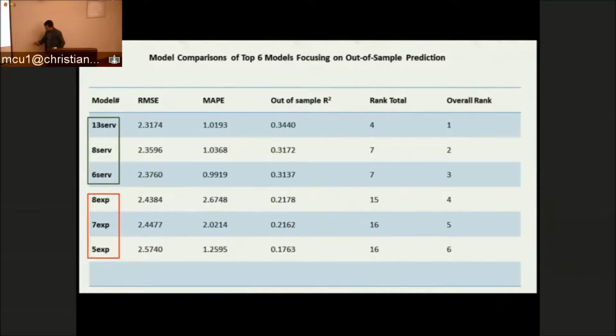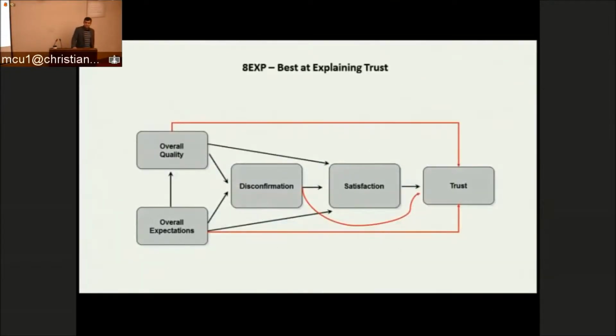Okay? So, let me show you what these models are. The topmost model for prediction is 13 served, and the topmost model for expectancy disconfirmation is the 8x model. I want to show you the structure of those models. This is the 8x model. It's best at explaining trust. The red lines here are just the paths that I added in addition to the original model. The original model is the black paths.